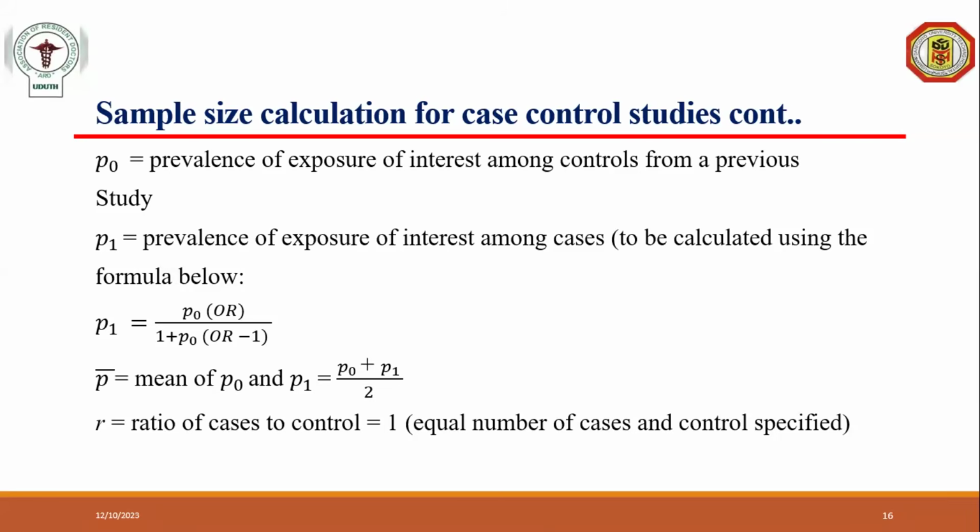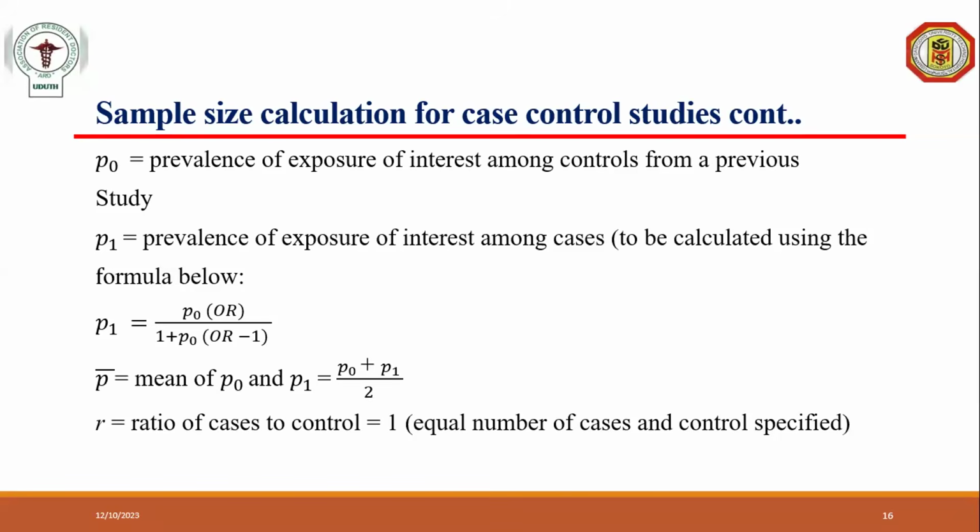This is from the previous study. You will see the odds ratio in the previous study that you are using. So once you have your P naught and your odds ratio, you can calculate your P1 using this formula.